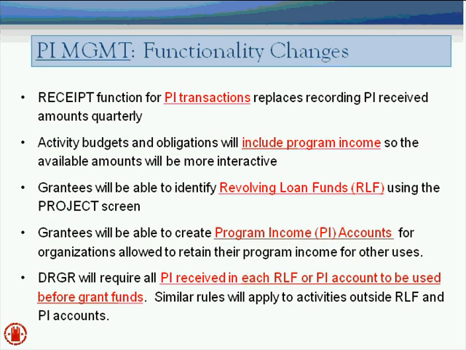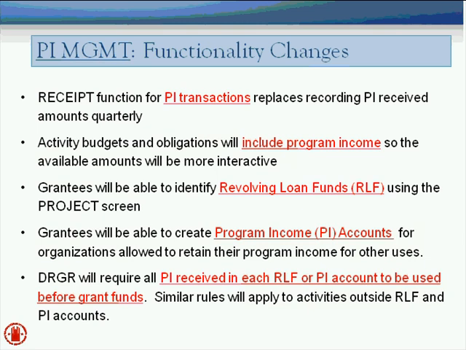The program income account will work a little differently and a little simpler in that you'll create a program income account, and then you'll identify which activities fall under that, and you'll be able to use responsible organization as part of the things to search and identify those activities.